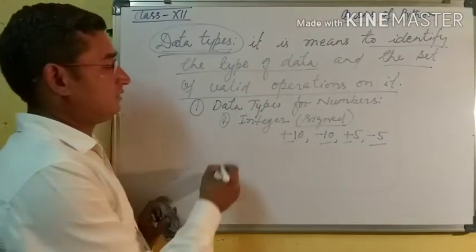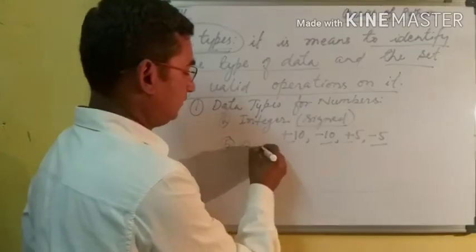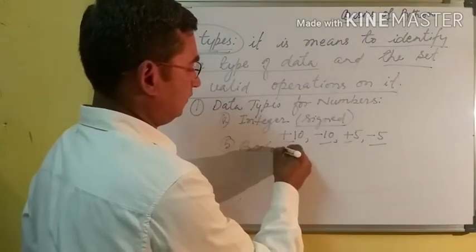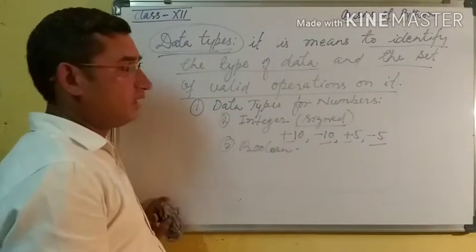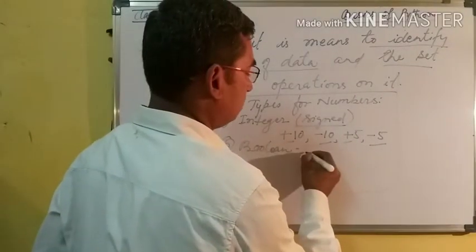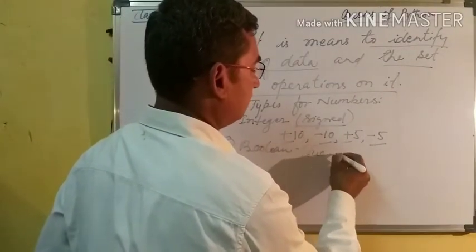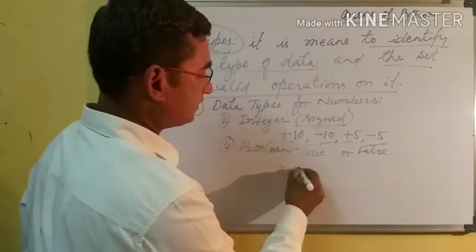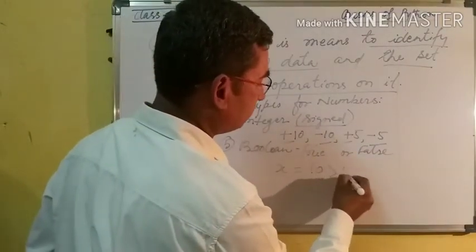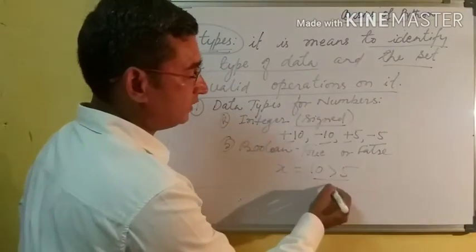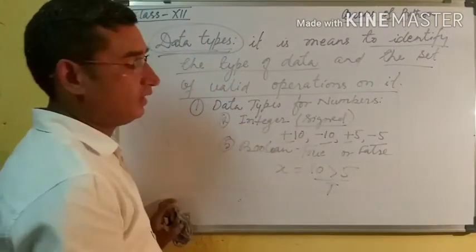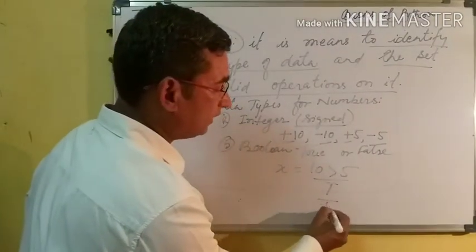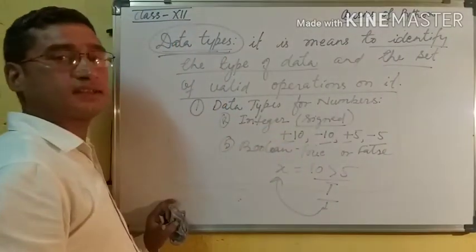Second one is Boolean. Boolean means it can be true or false. If you have written x equal to 10 greater than 5, it means value is true. Then true value means 1 here, and this 1 will be assigned to this x.